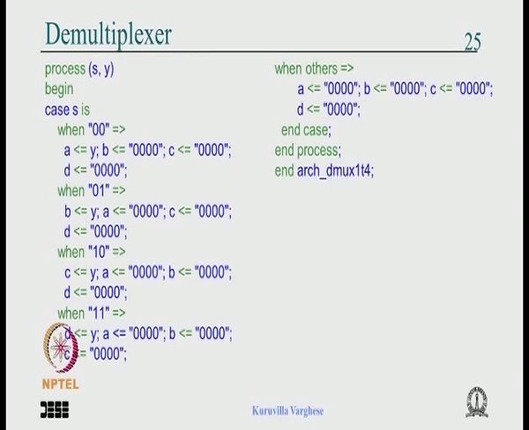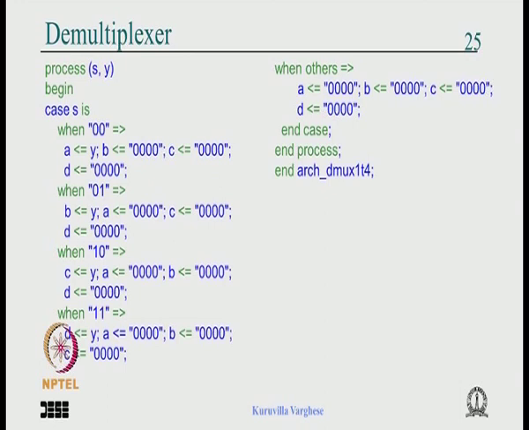Now the question is that here you are forced to write all the outputs in all the choices of this S value. Can we save on this? Because if there are too many outputs, that is going to be a problem, and if something is missed then you can create implied latches.